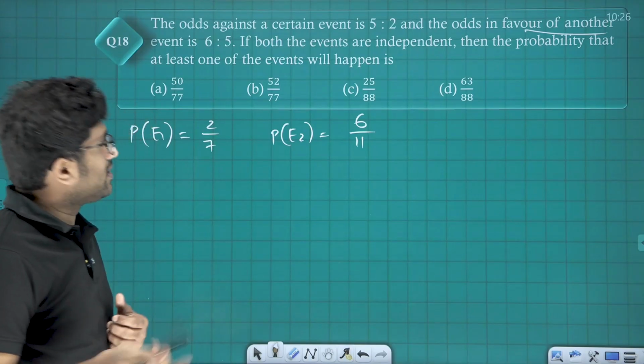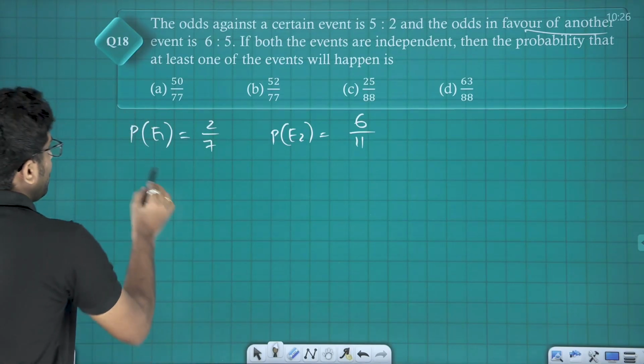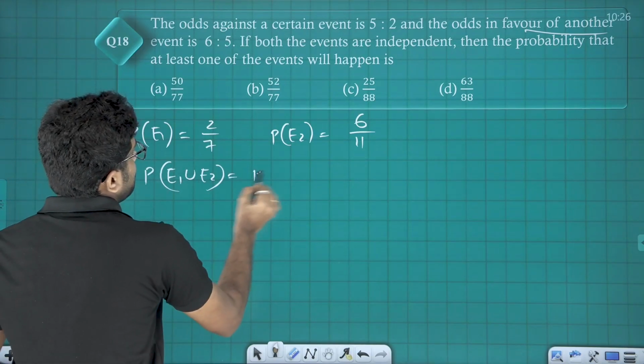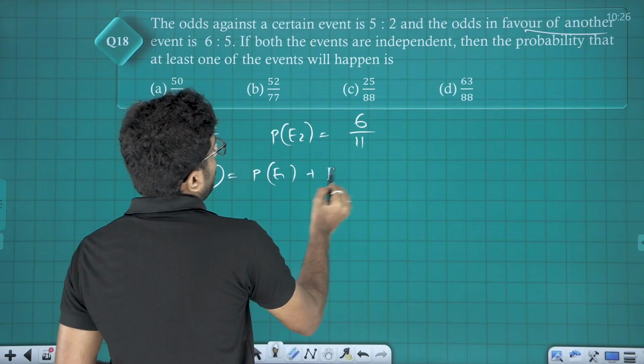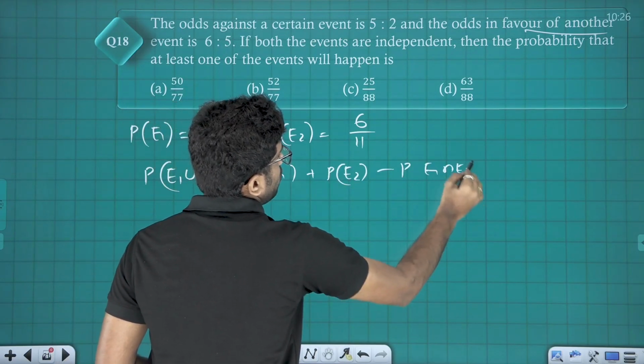Clear. Both the events are independent. Then the probability that at least one of the events will happen is P of E1 union E2, friends. That is P of E1 plus P of E2 minus P of E1 intersection E2.